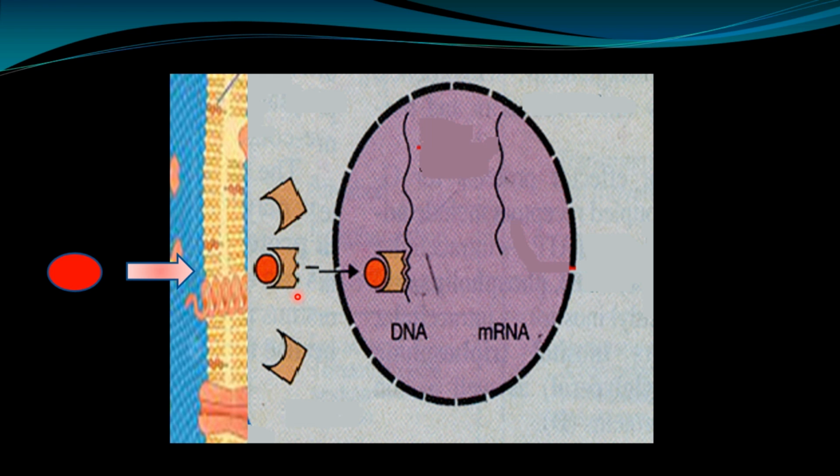Now the activated ligand receptor complex enters the nucleus, and it migrates to the nucleus. It binds to the specific DNA sequence. We call it the response element, which has the same structure.